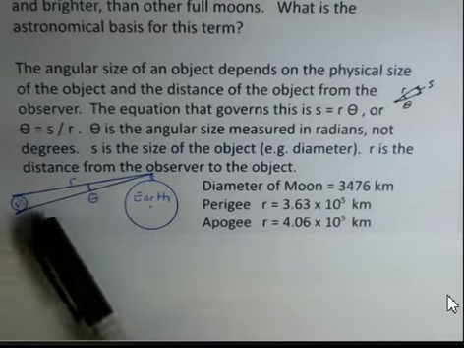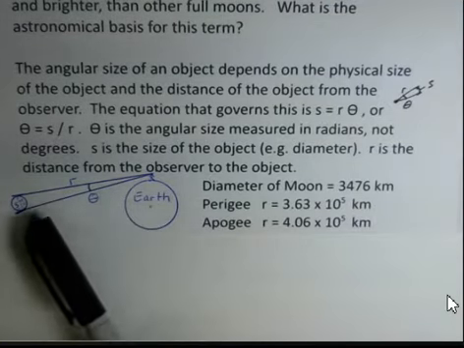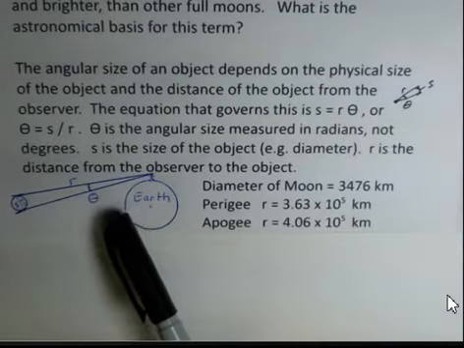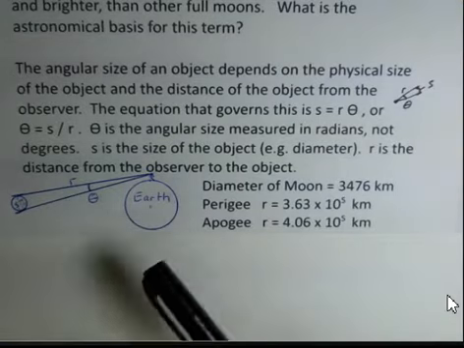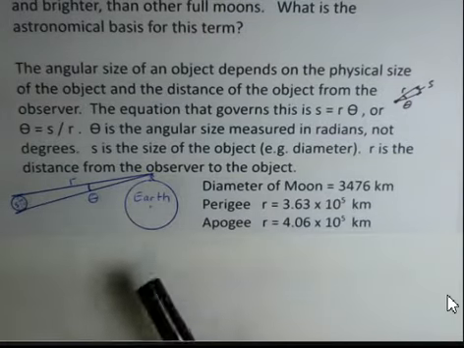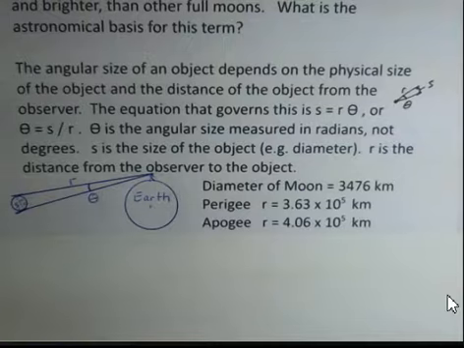The size of the Earth and the moon are not correct, and especially the distance between the Earth and moon are not correct. The moon is about 60 Earth radii away from the Earth, so it's much too close here. I didn't have a big enough page to show it to correct scale. But here's our Earth. Here's an observer, and this observer is way too tall in this drawing.